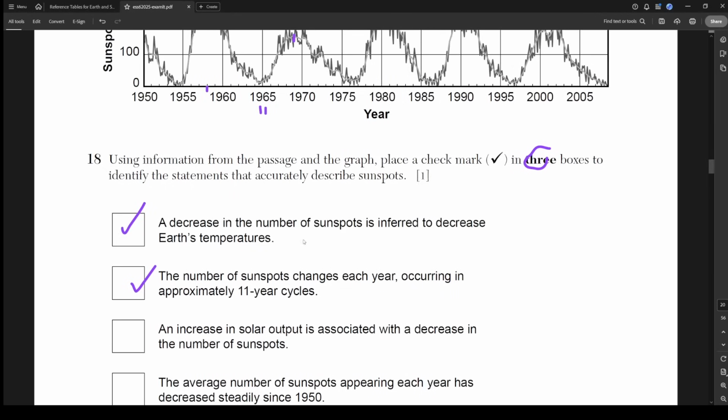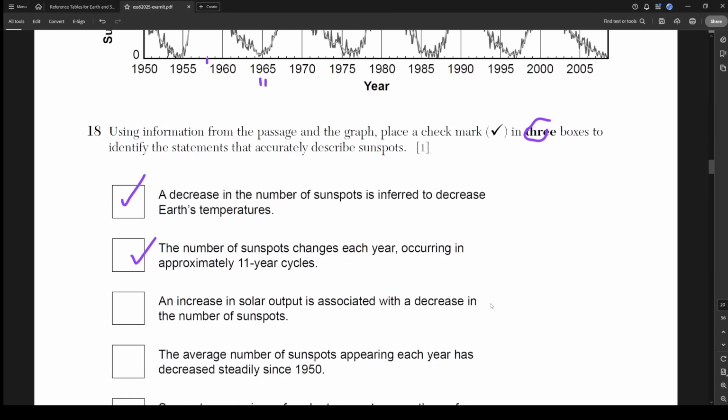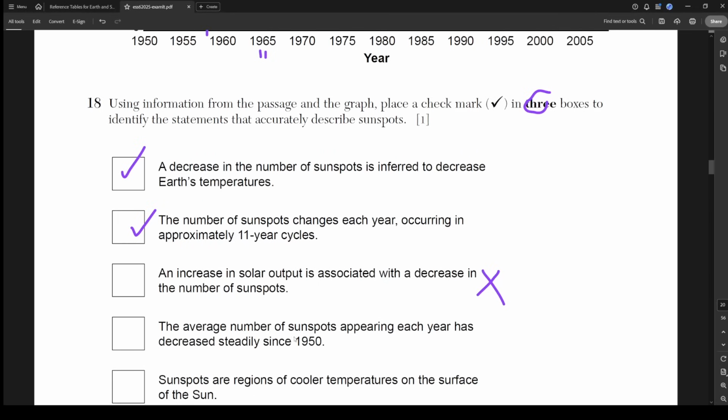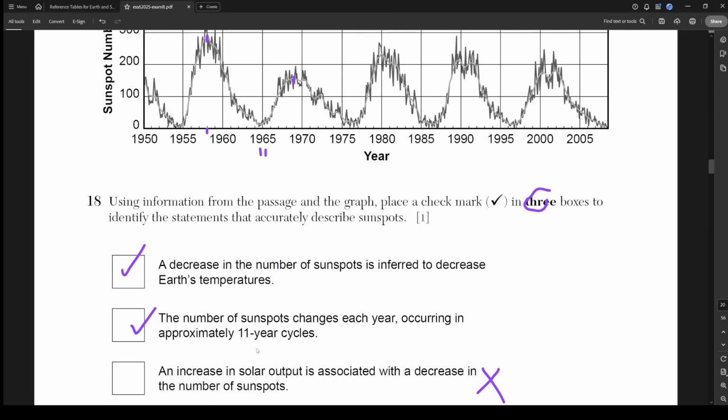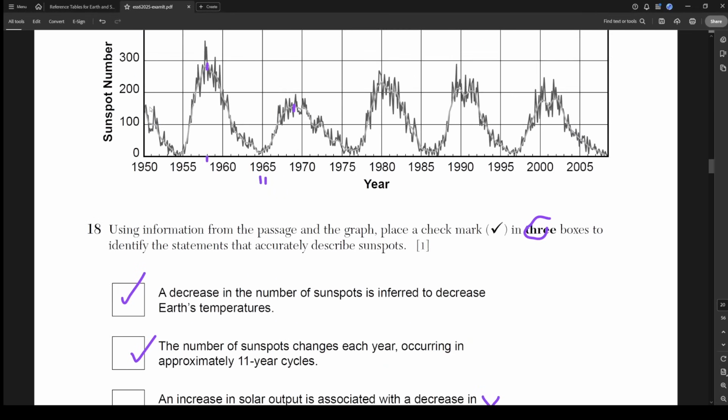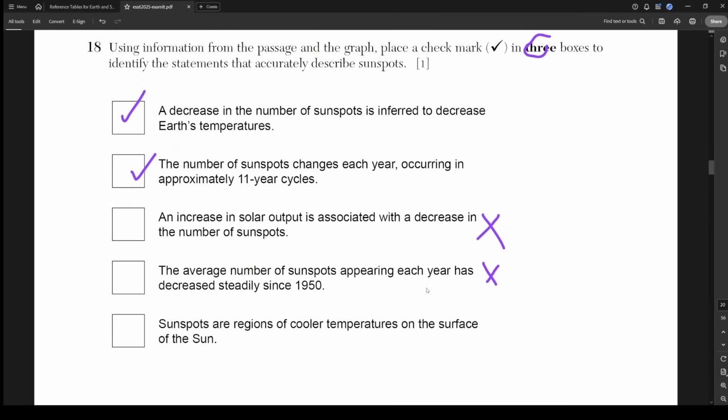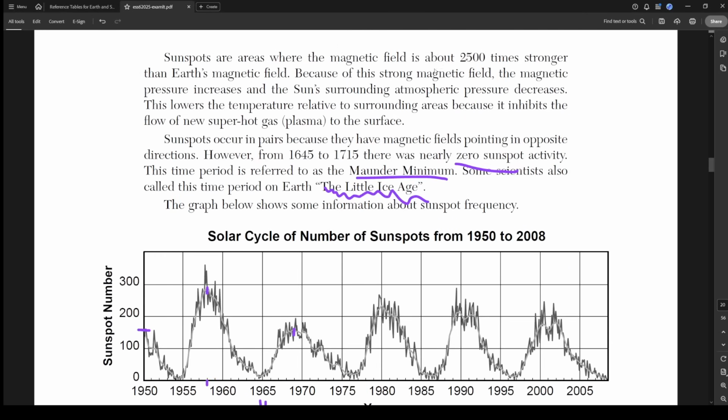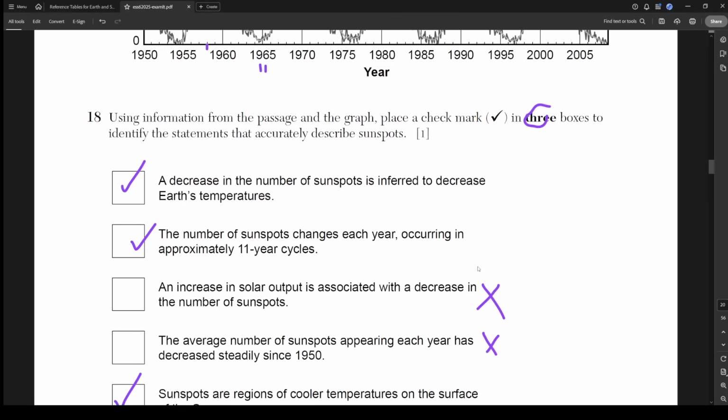No, that would be the inverse of number 1. So it's a direct relationship. So that's wrong. The average number of sunspots has decreased steadily since 1950. So you could see 1950 is here. It's been higher than that. So that's not right. And sunspots are regions of cooler temperatures. That is correct. Because it says it up here. It lowers the temperature. So there's your answers.